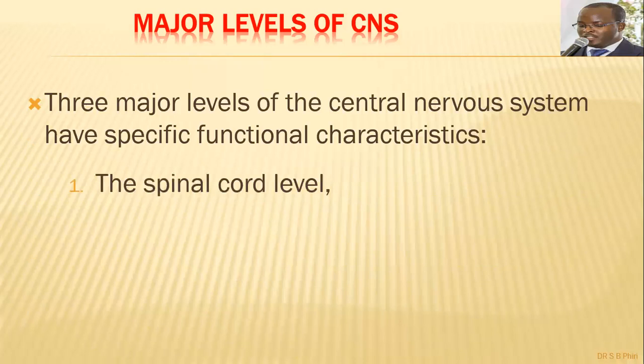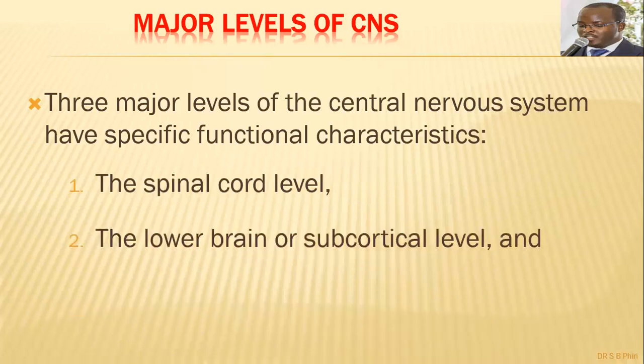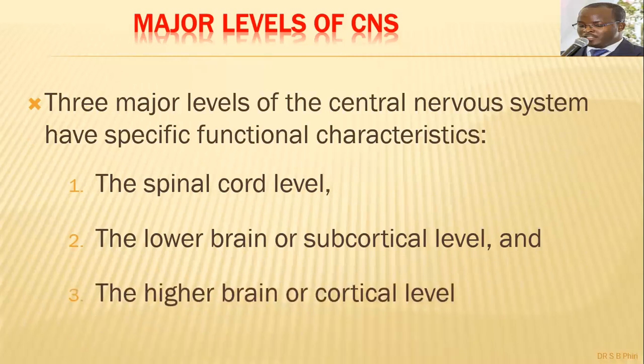So these levels, the first one is the spinal cord level, then the lower brain or the subcortical level. This is where you find those nuclei that are involved in subconscious activity. Then we also have the higher brain or the cortical level. So these are the three levels of the central nervous system that are involved in sensory information and motor information.